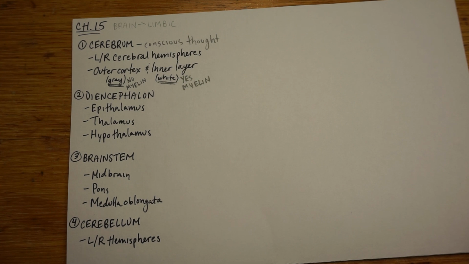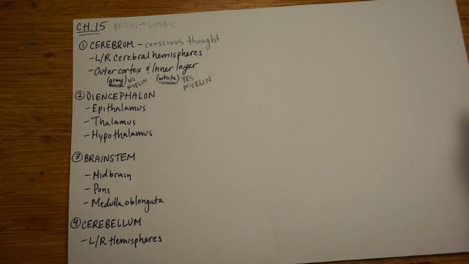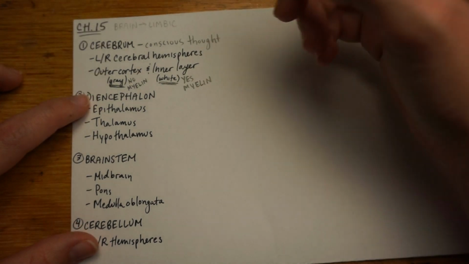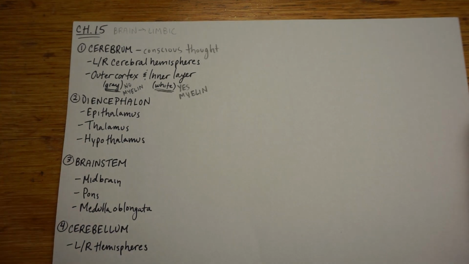Then you have two hemispheres, the left and the right cerebral hemispheres, which people talk a lot about, like, oh, I'm more left-side brained or I'm more right-side brained. The hemispheres are divided by that big divide down the middle of the brain, which is the longitudinal fissure.